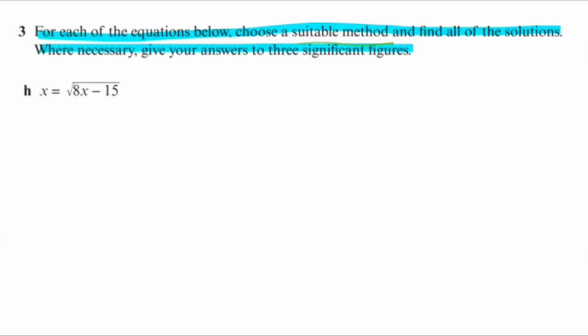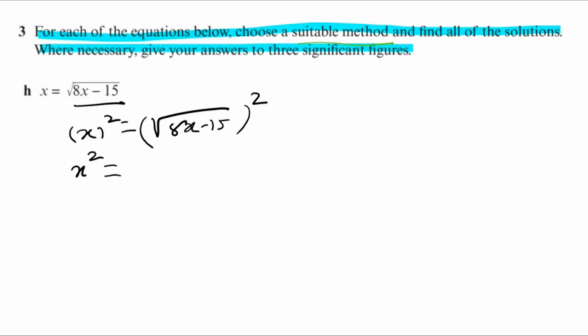For each of the equations below, choose a suitable method and find all the solutions where necessary. Give your answer to three significant figures. Now as you can see here, the right hand side has a square root. So to remove the square root I have to square both sides. So x squared equal to 8x minus 15 whole squared.